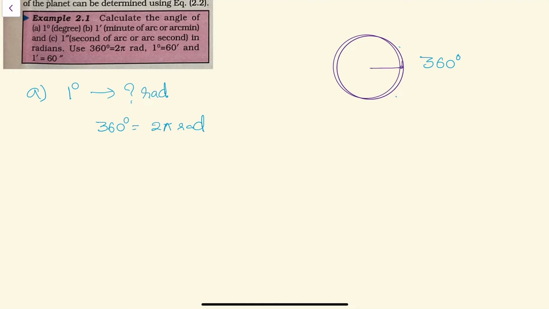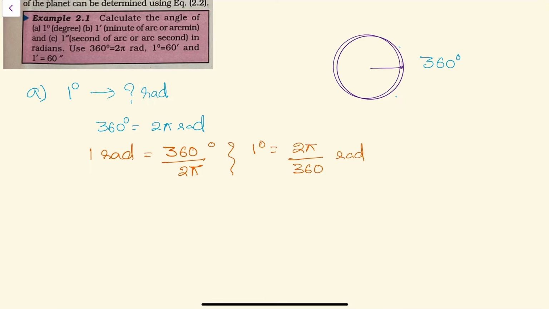Now 1 radian is equal to 360 by 2 pi degrees. Similarly, 1 degree is equal to 2 pi by 360 radians.